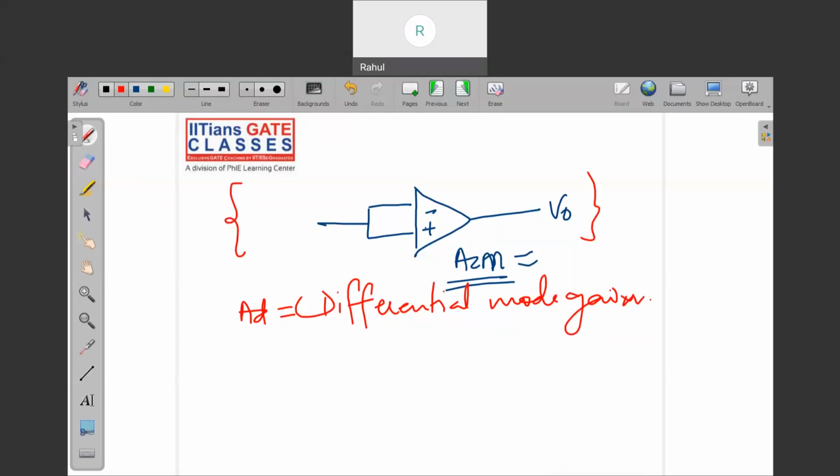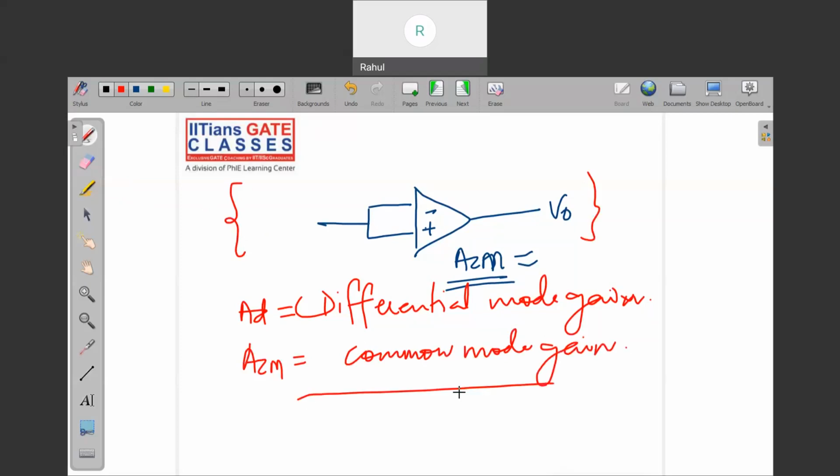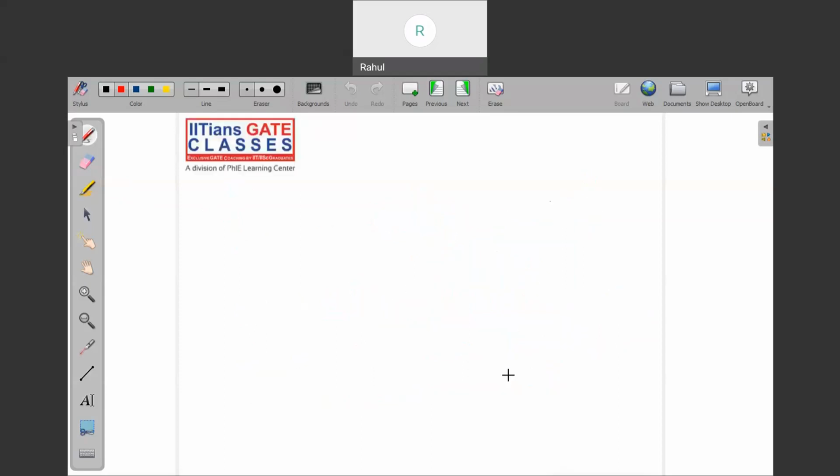And what is ACM? ACM is the common mode gain. For CMRR to be infinite, ACM should be 0.